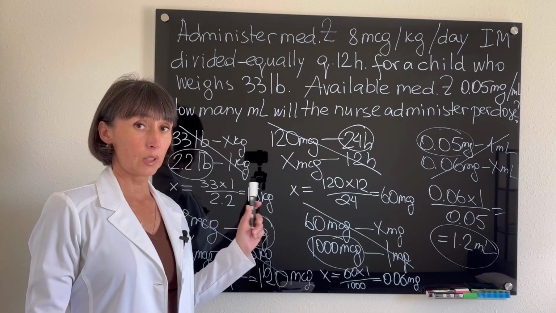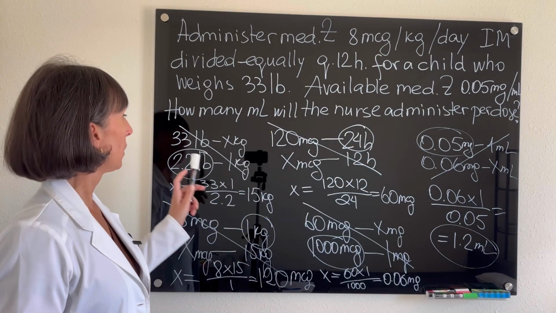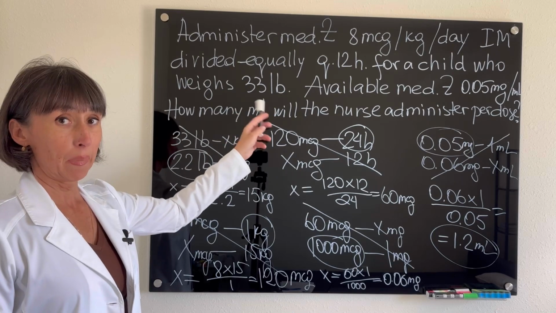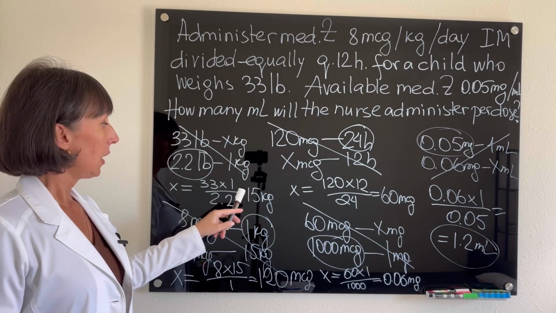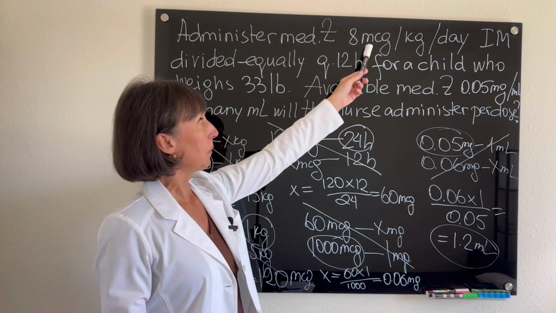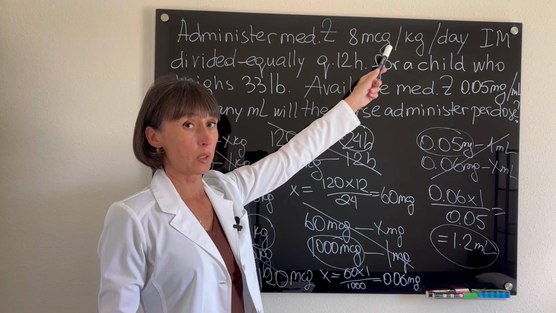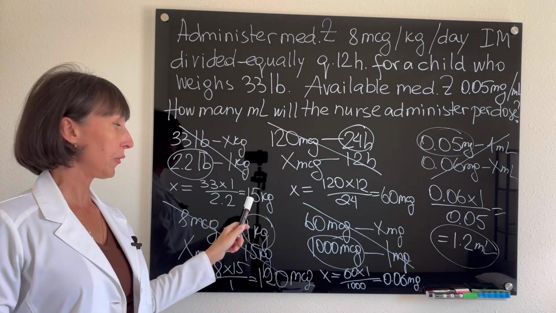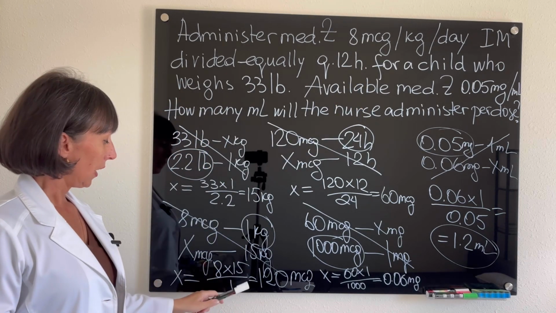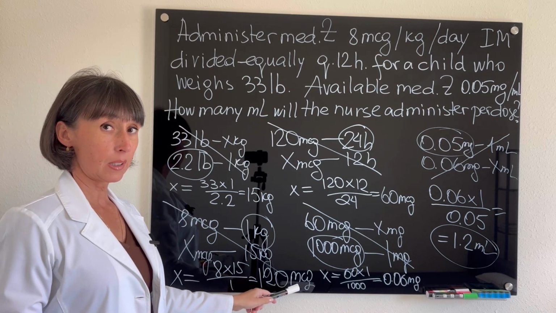So let's review real quick. How did we solve this problem? First, we converted pounds to kilograms. We found that our patient weighs 15 kilograms. Then we found if 8 microgram is per kilogram of body weight, then what is appropriate amount for our 15 kilogram child? And we found that it's 120 microgram.